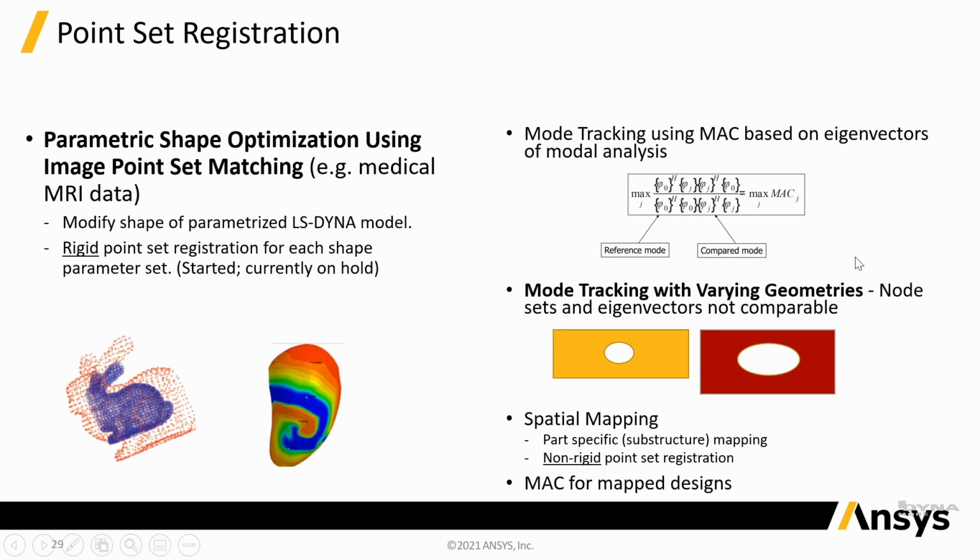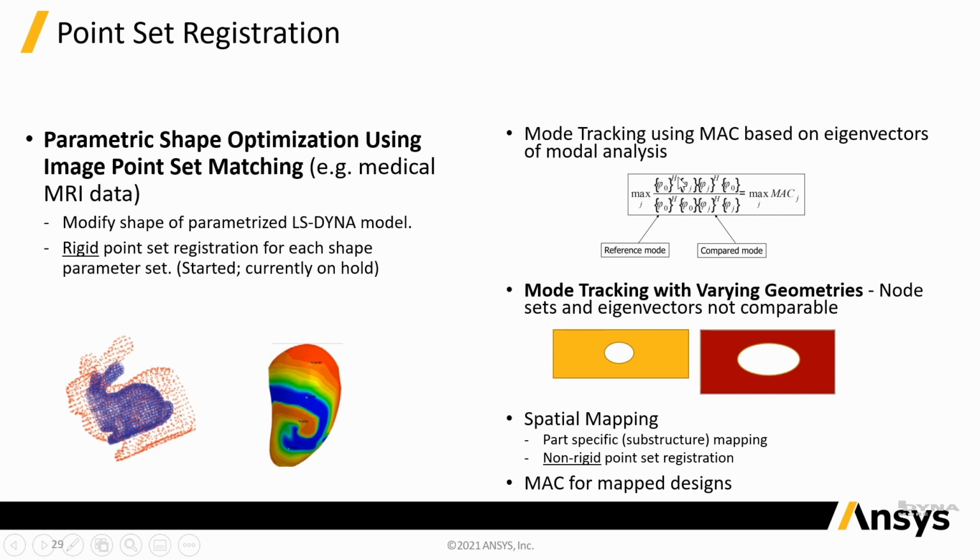The second type of application can be, for instance, in the case of mode tracking. If there is remeshing, then the model assurance criteria used for mode tracking does not work, because it relies on these vector operations where the eigenvectors have to be of equal length. But if there is remeshing, then these eigenvectors may not be of equal length.